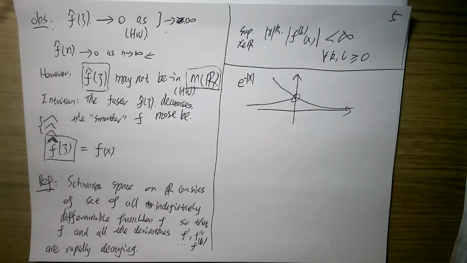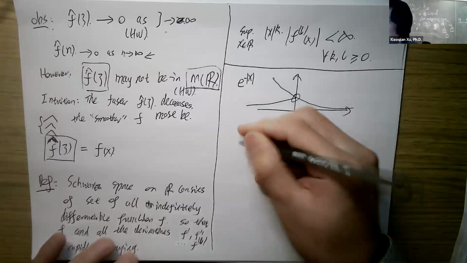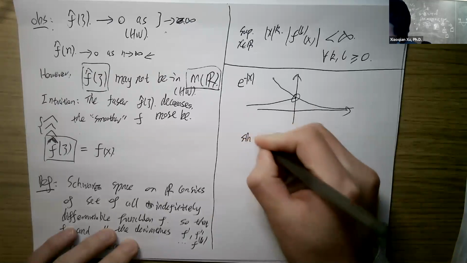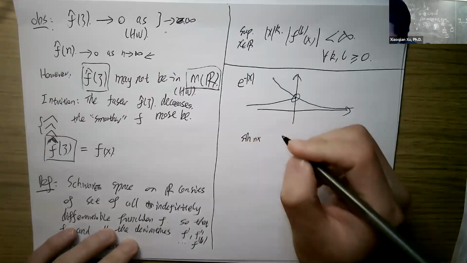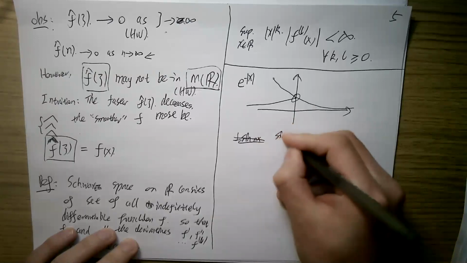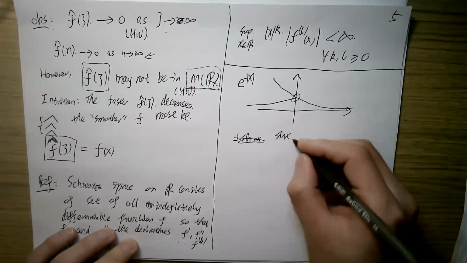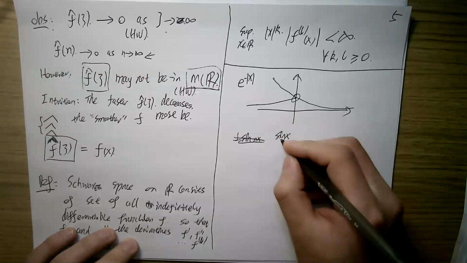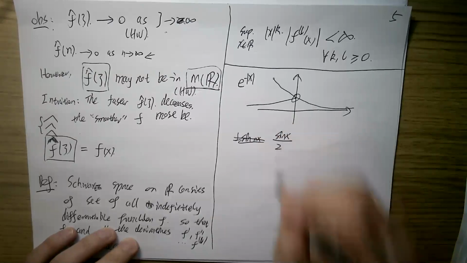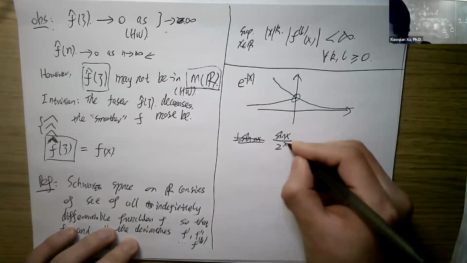The function is sine x, multiplied by a coefficient like 1 divided by 2 to the power of modulo n, of x.